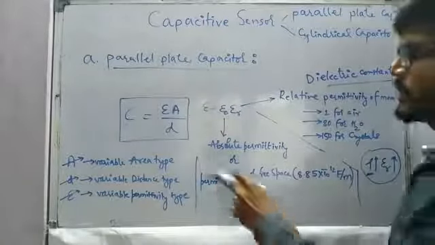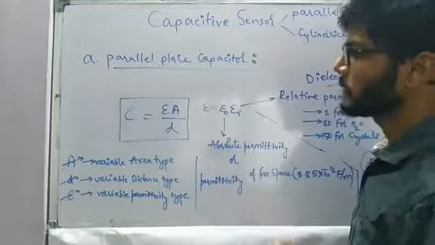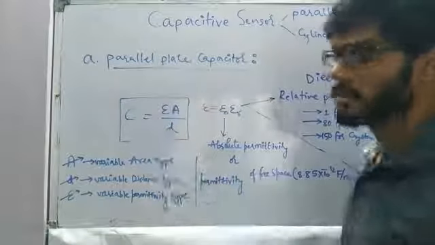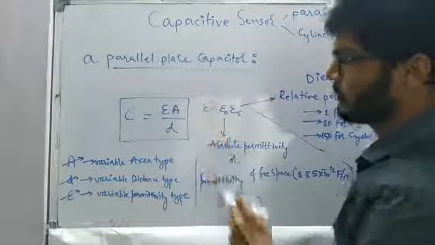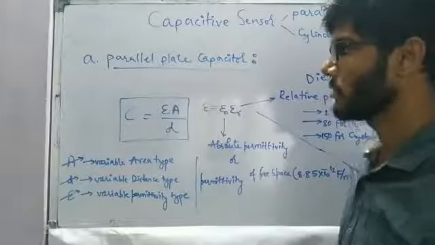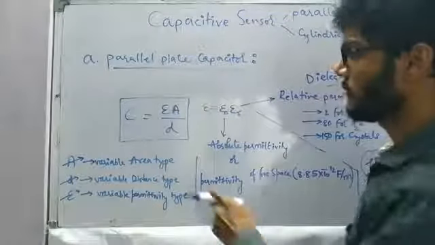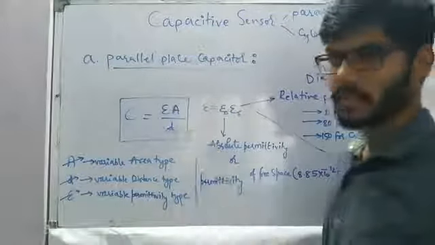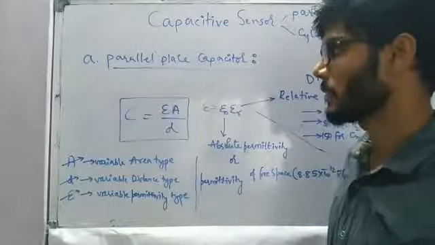So based on the formula there are going to be three independent terms which are going to affect the capacitance of a capacitor. So A is the overlapping area between two plates. If we vary the area of the capacitor, it becomes the variable area type, and if we vary the separation distance between two plates, it becomes the variable distance type capacitor.